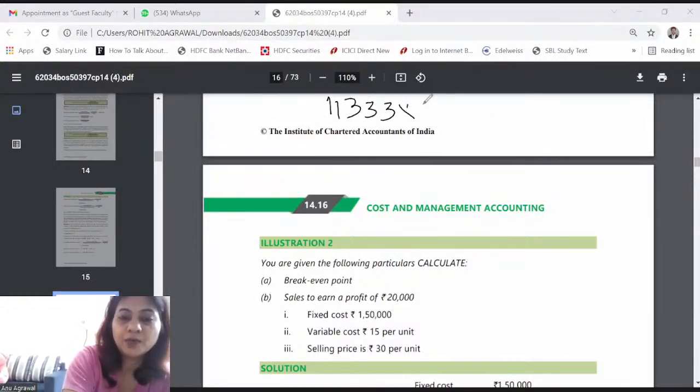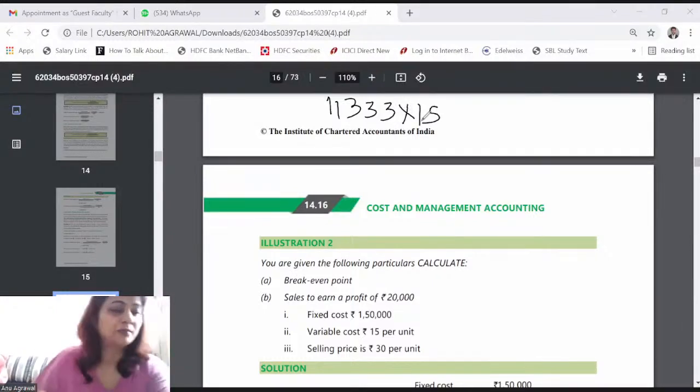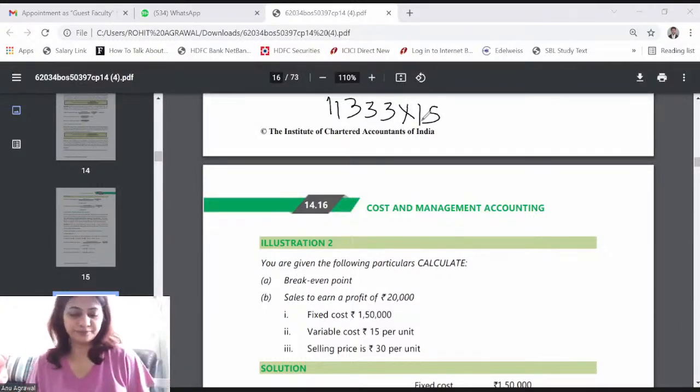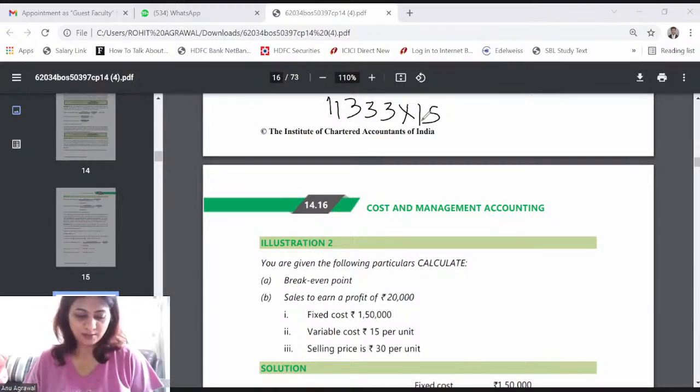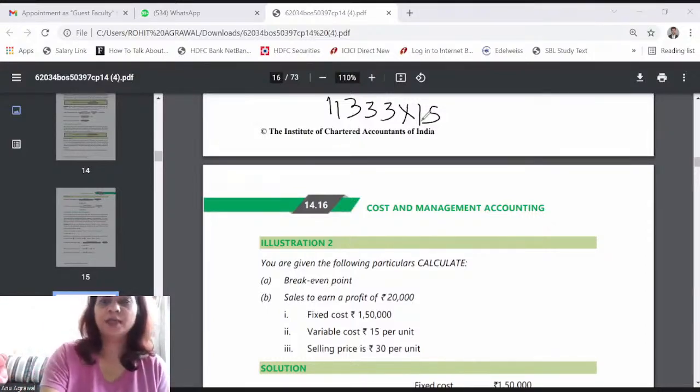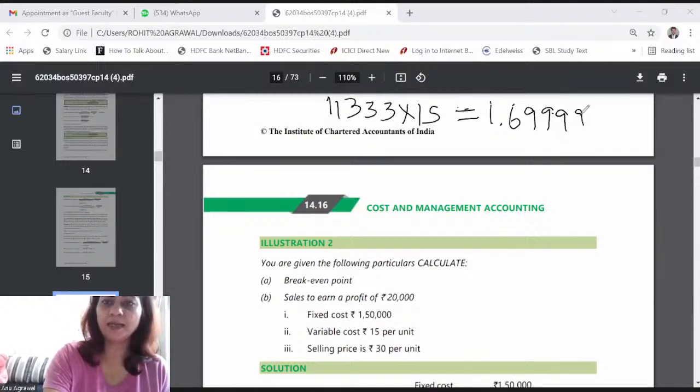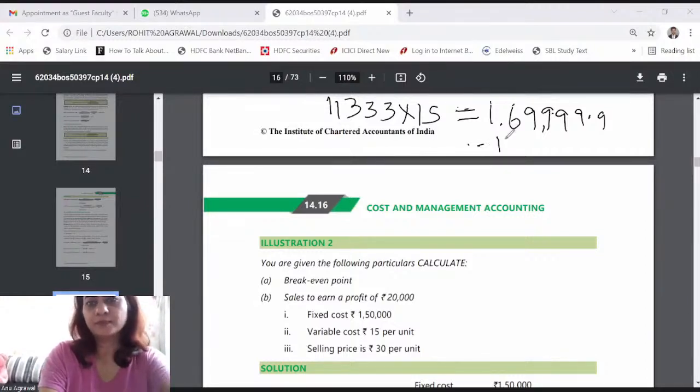11,333 units. What is the contribution I get? 15. Yes. So 11,333 into 15. There is going to be a difference because it's in points. It is 169,999.9, or you can say 1,70,000.